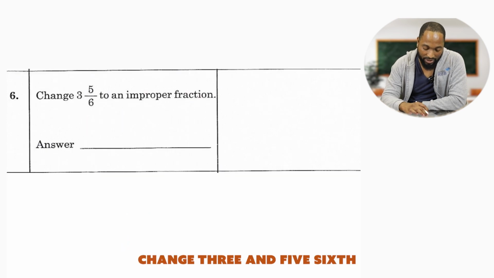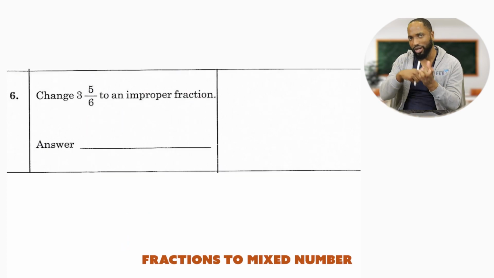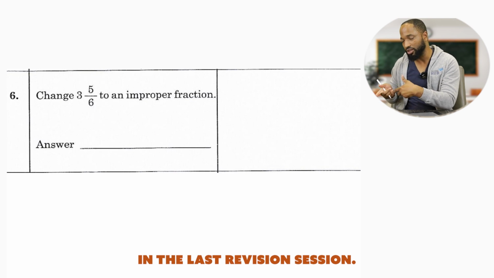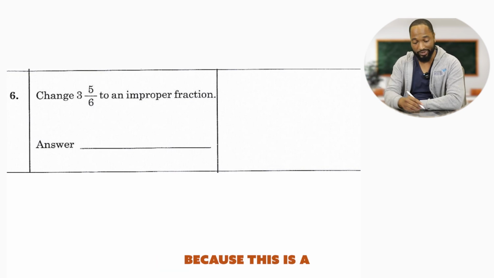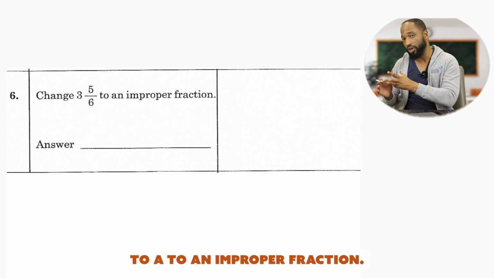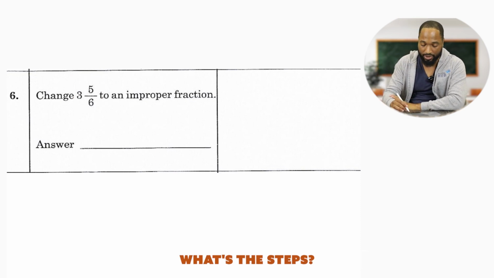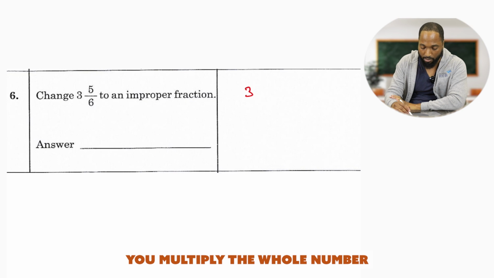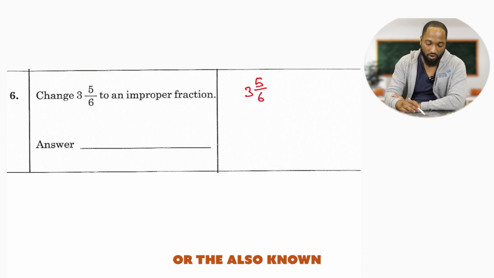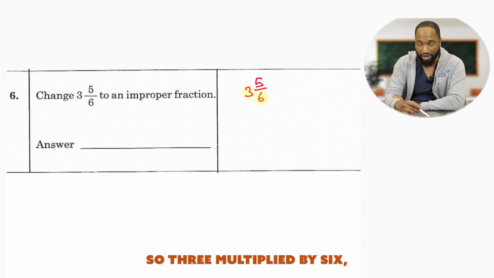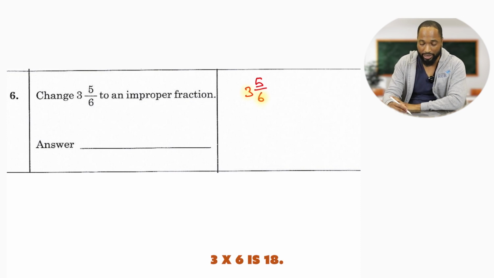Change 3 and 5/6 to an improper fraction. We went from improper fraction to mixed number in the last revision session. Now we want to go from mixed number, because this is a mixed number, to an improper fraction. And how do you do that? You multiply the whole number by the divisor, also known as the denominator. So 3 multiplied by 6 is 18.